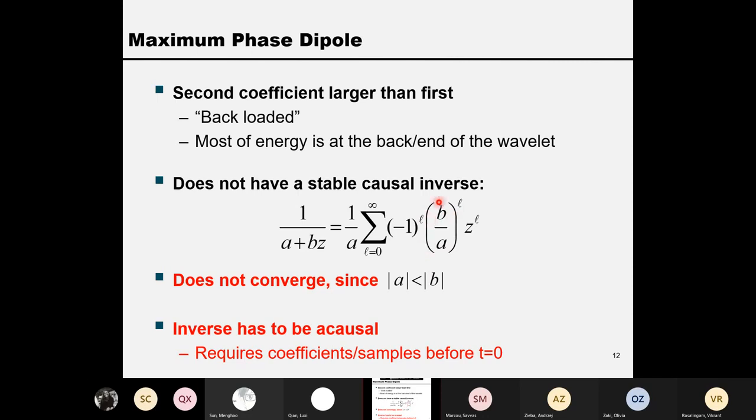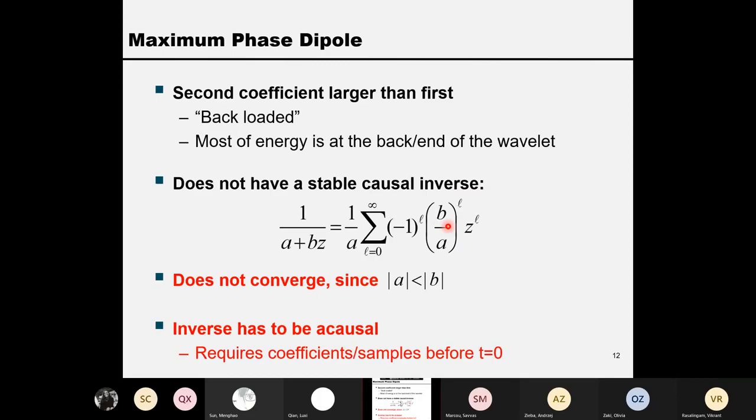You can see if it is greater than 1, for example, if B over A is 2, what happens for the power? If power 3, power 4, when you increase the value of power, this factor becomes larger. So it does not converge.